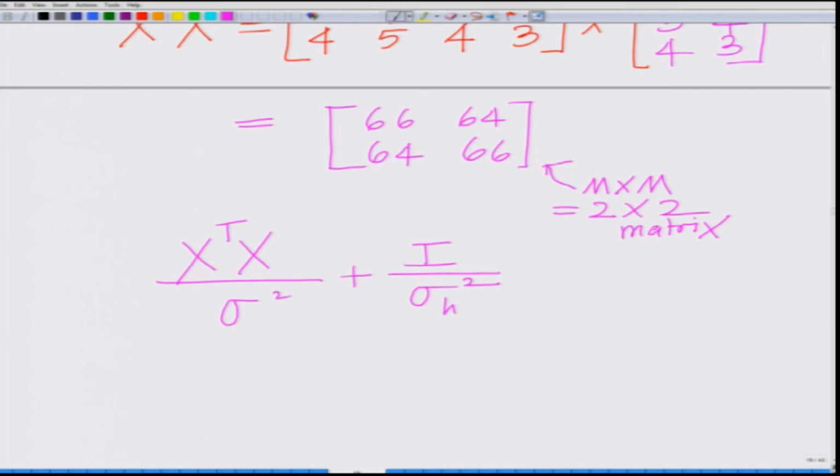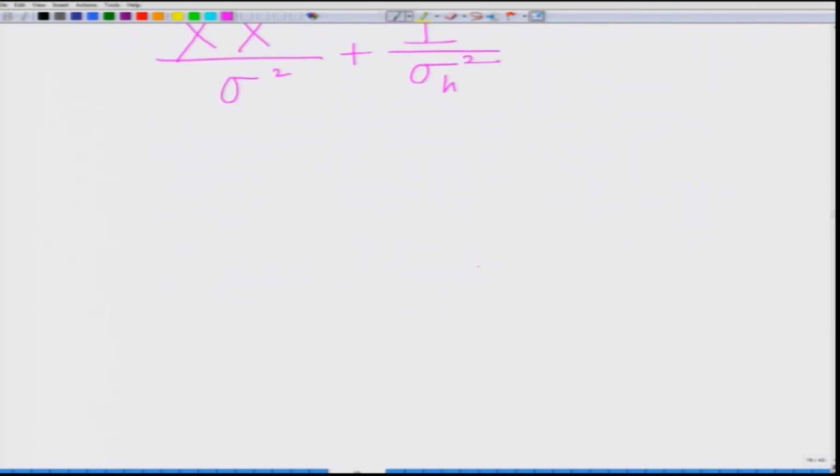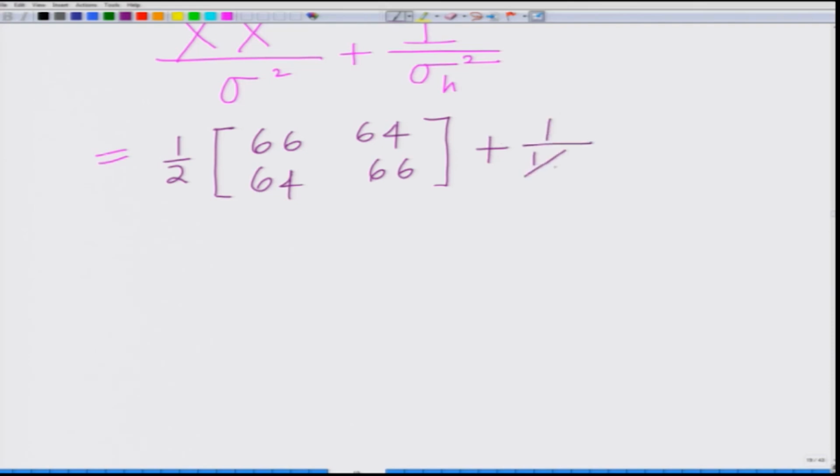Now x transpose x divided by sigma square plus I divided by sigma h square. Sigma square is 2, so 1 over sigma square is half, times 66 64 64 66, plus 1 over sigma h square, which is 4, times the 2 cross 2 identity matrix.